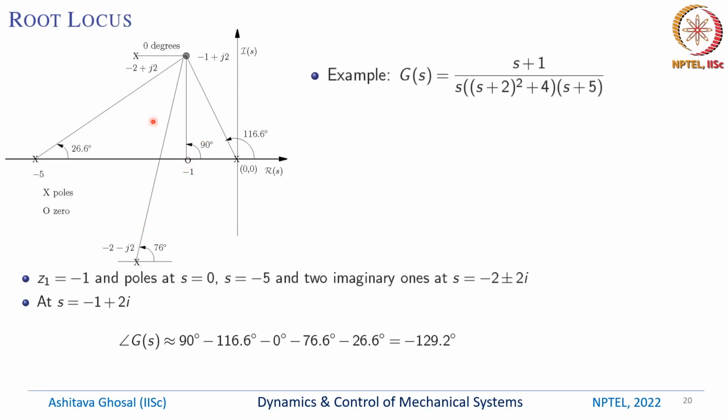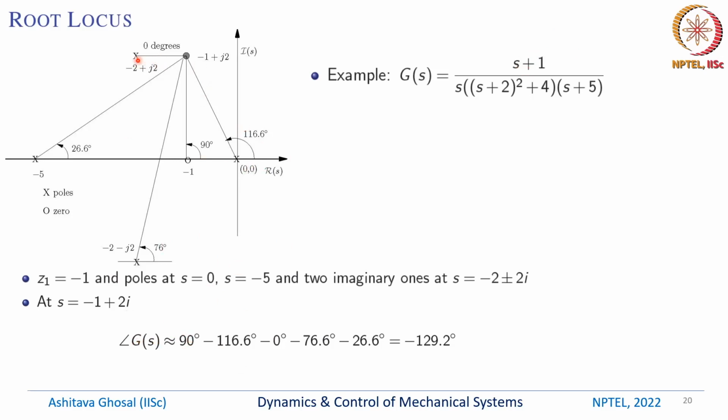So what is the angle at this point? The angle due to the zero at minus 1 is approximately 90 degrees. The angle due to the pole at 0 is 116 degrees. This is 76 degrees. This is 26.6. So what do we need to do? The zero gives plus 90. This is minus 116.